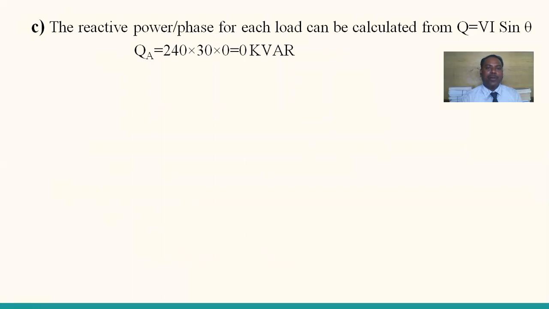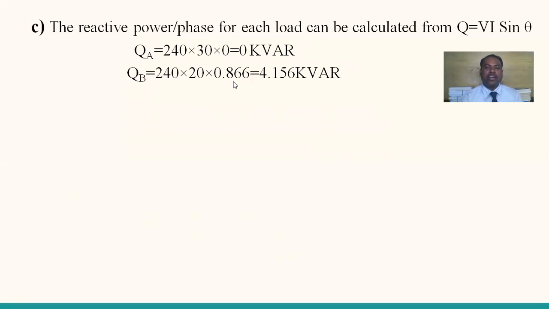Whatever may be the manner, real powers are to be calculated at the same power factor. The reactive power at load point A is 0 because cos phi is equal to 1, sin phi is equal to 0. It's 0 kVAR. At load point B, it is 240 into 20 into 0.866.